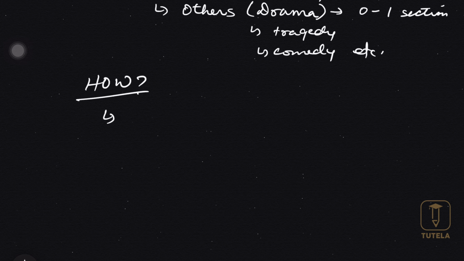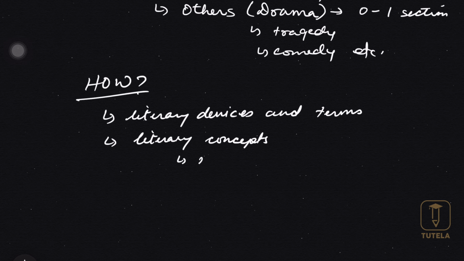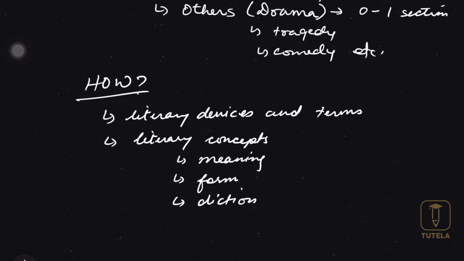One has to study and have a basic knowledge of literary devices and terms used in the text, such as stanza or tone, attitude, simile, metaphor, anaphora, etc. Next, you need to have an understanding of literary concepts such as meaning, form, diction, etc.